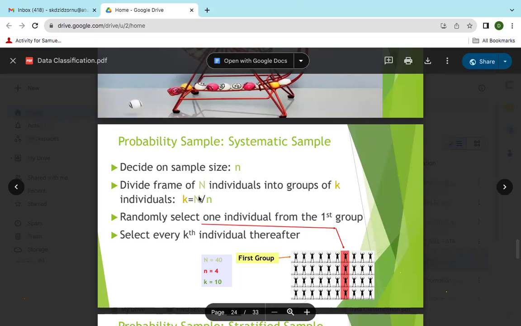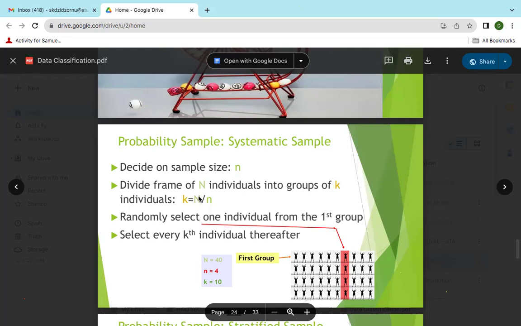So systematic sampling is the type of probabilistic sampling method which involves the random identification of an initial starting point in the population followed by a defined count interval.